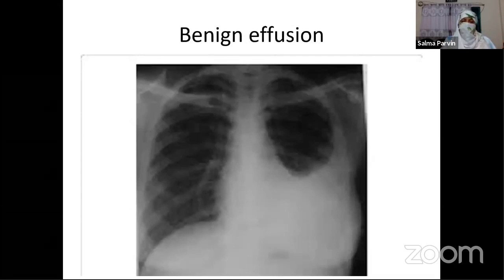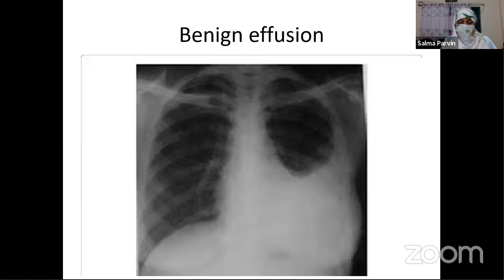So what is here? You see there is an effusion having a homogeneous density with a concave upper margin, which is a benign effusion.